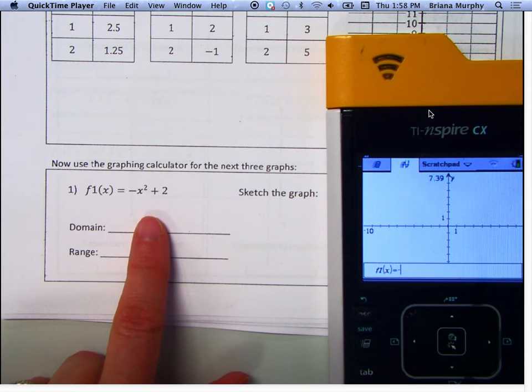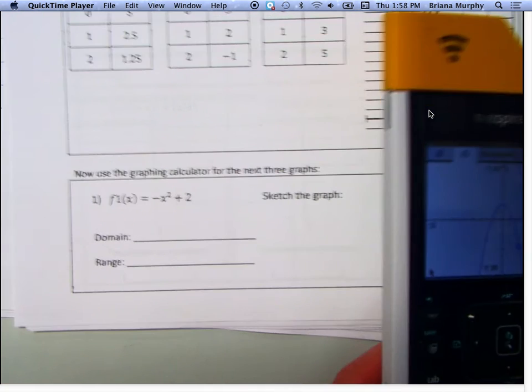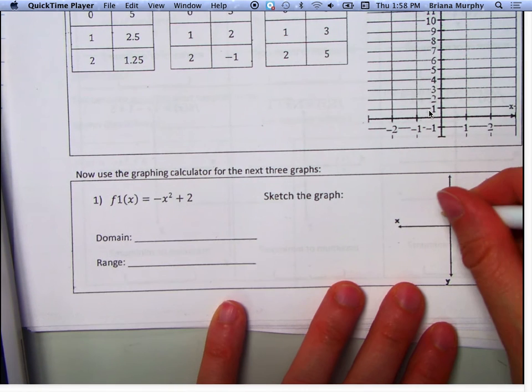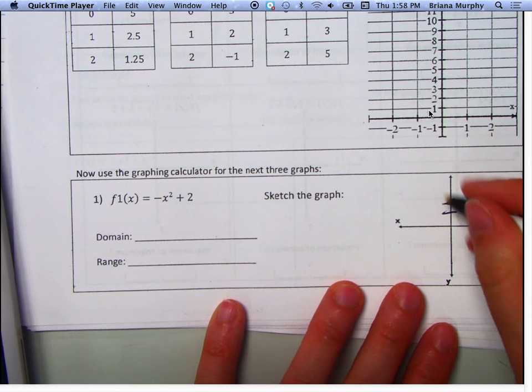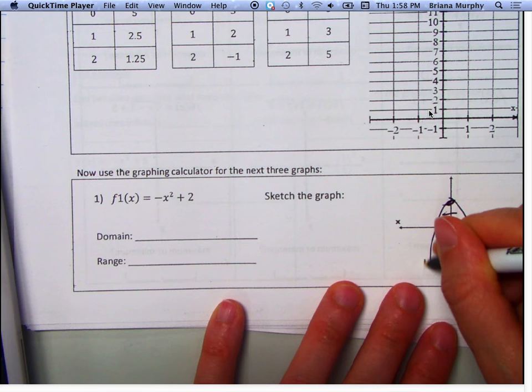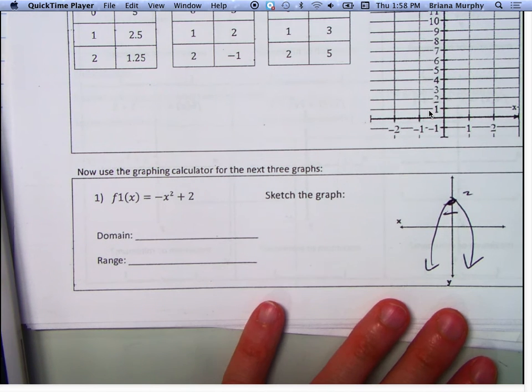And then I'm going to put in negative x squared plus 2. See my parabola? Okay. So I know I went up 2, and it's negative, so it's facing down. Positive would be facing up.